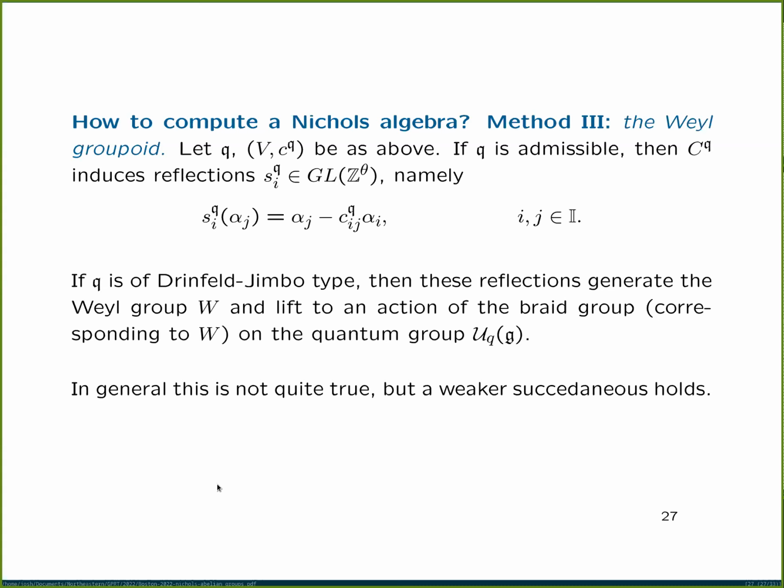When Q is of Cartan type, as I explained at the beginning, these reflections will generate the Weyl group W of the corresponding Lie algebra, and by results of Lusztig, they will lead to an action of the braid group corresponding to W on the quantum group U_q of g.